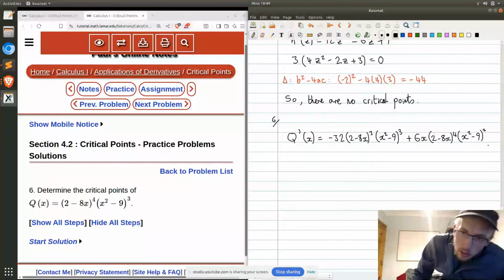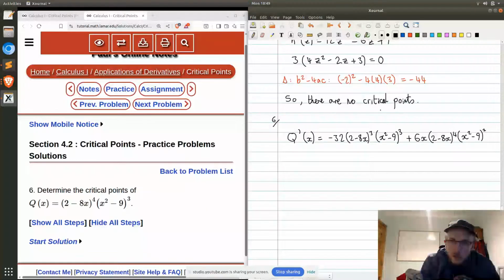So if I did that right, then we have to determine where that's 0, which looks like an absolute nightmare, until I notice that I have copies of this and copies of this.